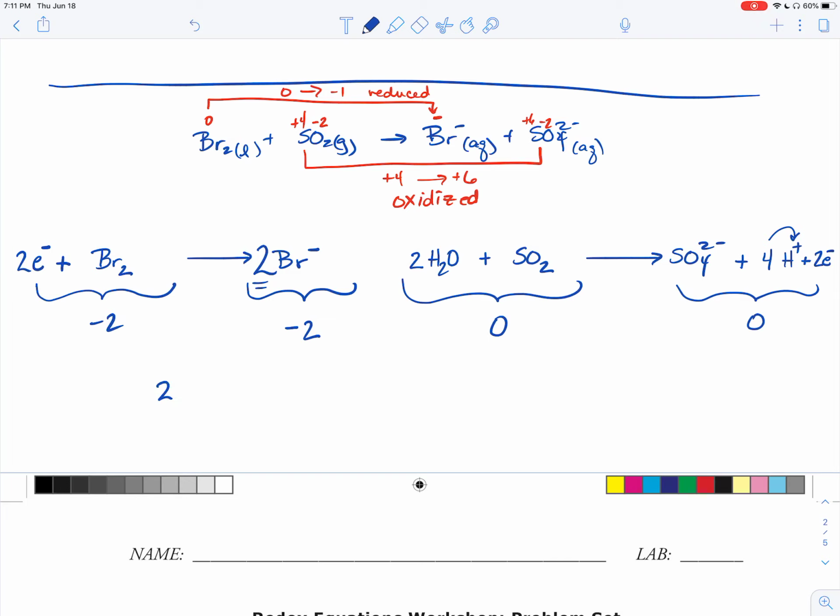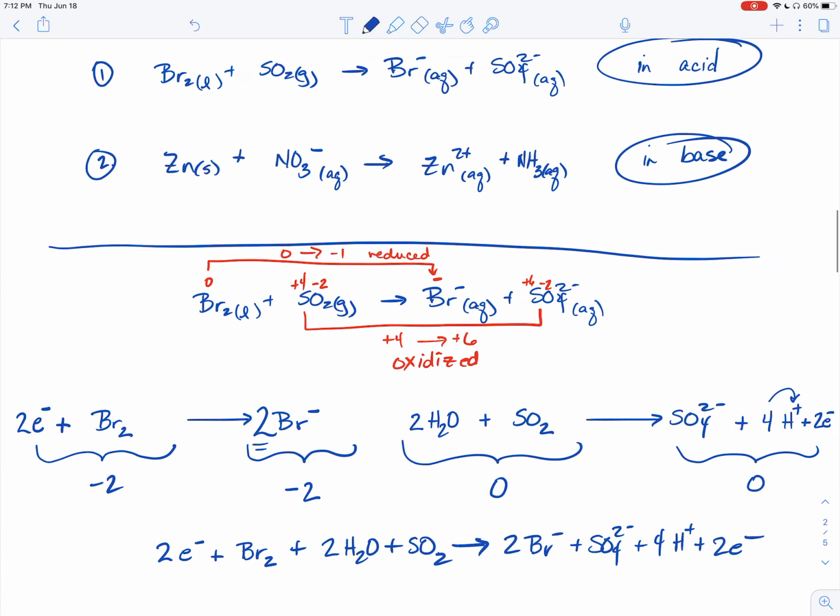So this is 2 electrons plus Br2 plus 2 waters plus SO2 yields, and then all of the right-hand side, 2 Br minuses and everything over here, and write those down as well. So 2 Br minus plus SO4 2 minus, 4 hydrogens, and 2 electrons.